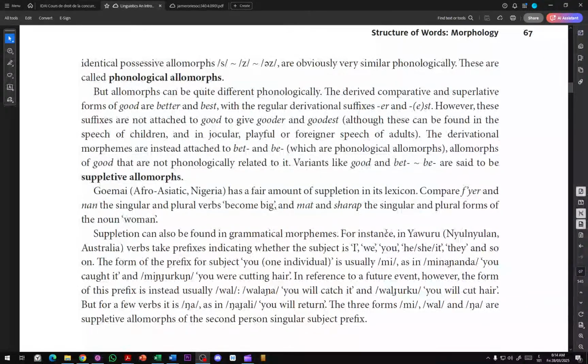Walana, you will catch it. And waljurku, you will cut hair. But for a few verbs it is na, as in najali, you will return. The three forms mi, wal, and na are suppletive allomorphs of the second person singular subject prefix.